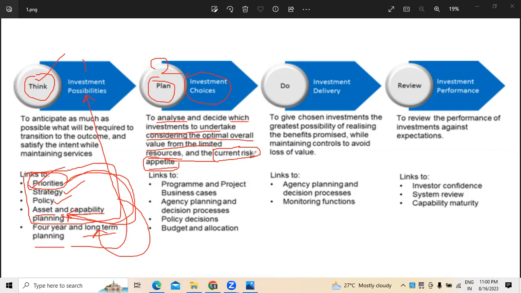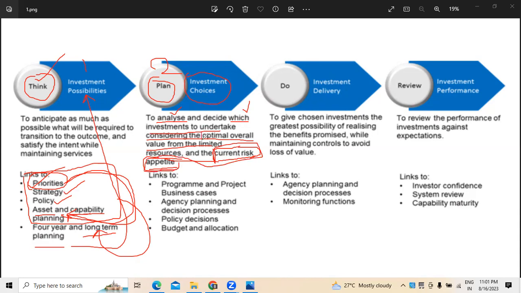This is where investment choices come into the picture. So being a business analyst, or when providing investment advisory services, it is always important for us to analyze and decide what kind of investments are possible by understanding the current risk appetite.